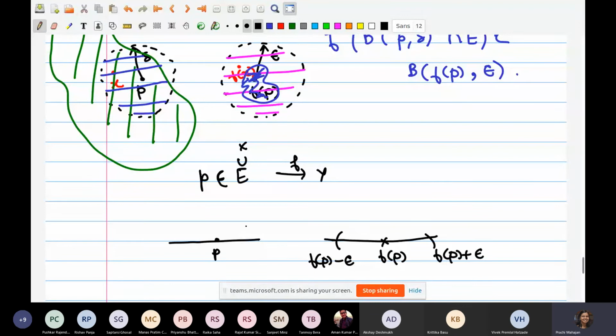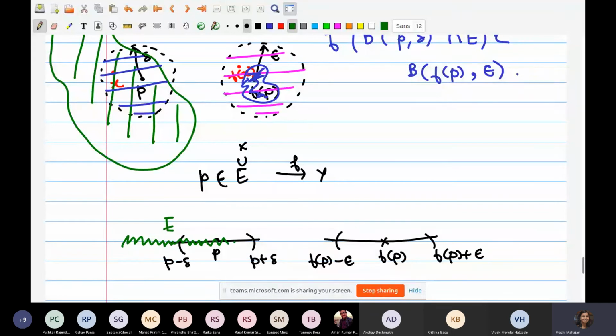Corresponding to this epsilon, there is a delta such that, now let me draw E in this picture. So let's say E is this, in green ink.